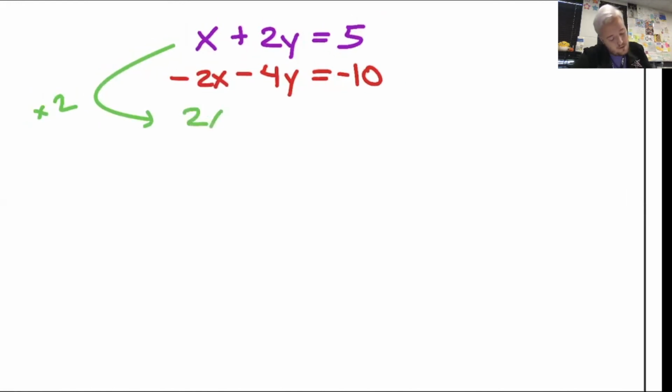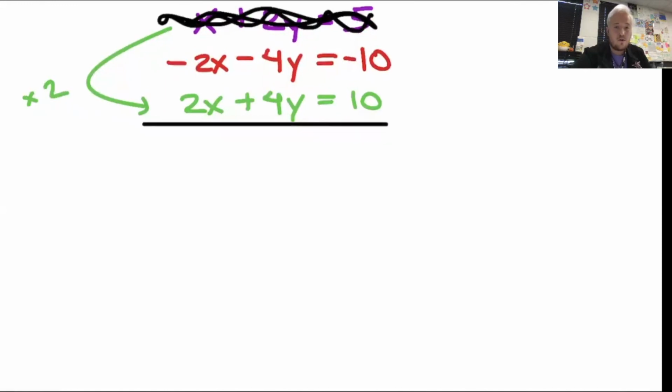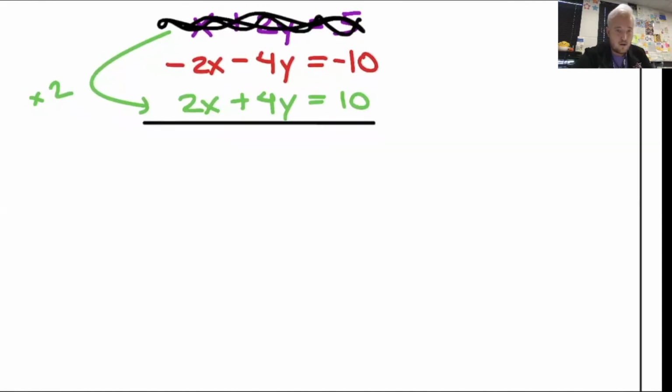So we're going to get 2x plus 4y equals positive 10. So our top equation here is done, so we can kind of ignore that one. So notice what's going to happen when I add everything up. Negative 2 plus 2 gives you 0x. Negative 4y plus 4y gives you 0y.